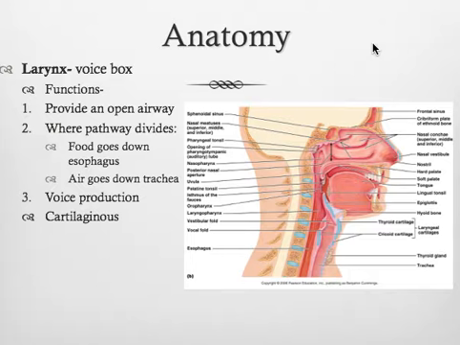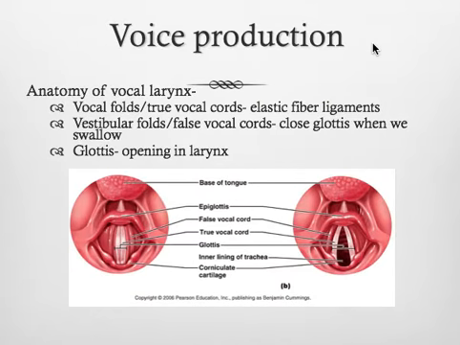And then when you're not swallowing, air goes down to your trachea. The larynx itself provides voice production, which is very important because humans use their voice to communicate. And it is a structure made out of soft tissue and cartilage.